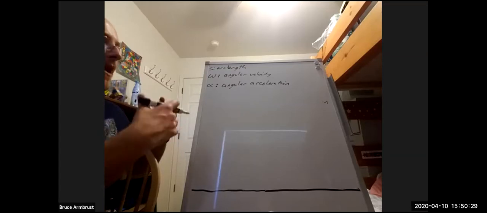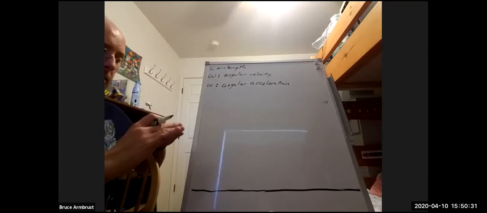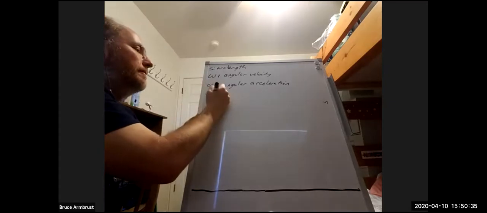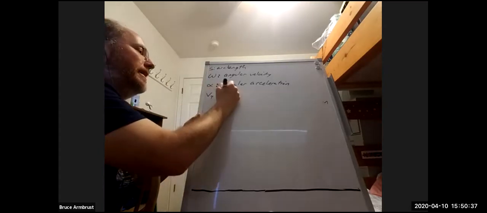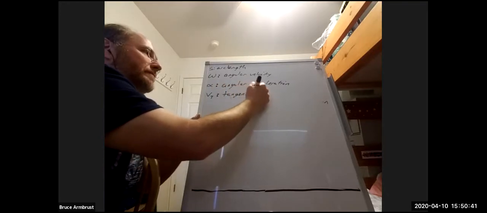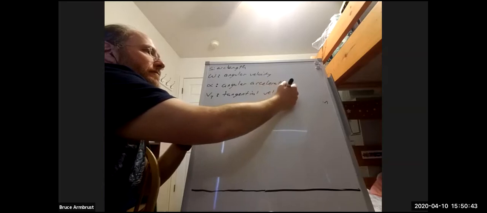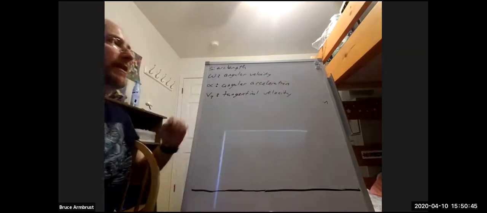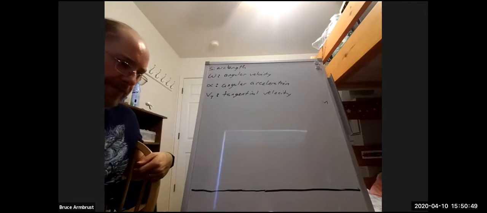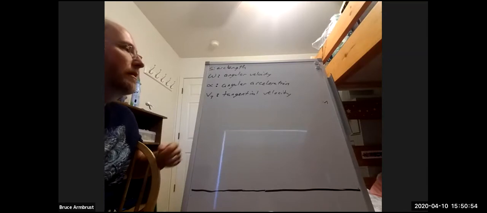In terms of some other linear quantities that we talked about, I want to bring back v sub t. This is our tangential velocity, the velocity that's tangent to the path. So if we're going around in a circle, it's always going to be perpendicular to a radius.